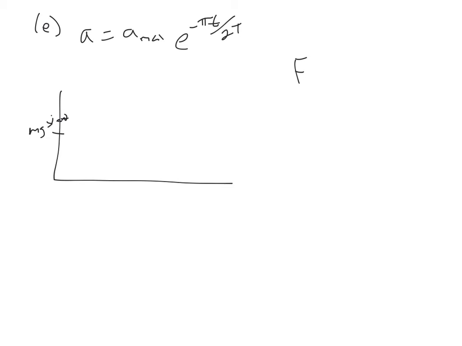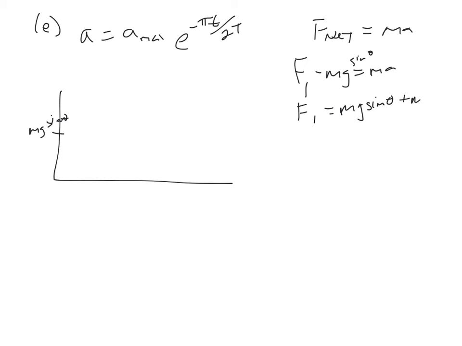So in the original scenario, if we did F net equals ma, it was equal to mg sine theta plus m times a sine of blah blah stuff.